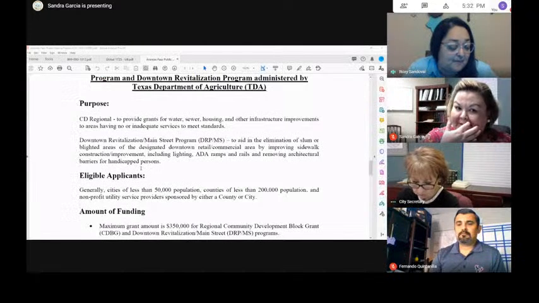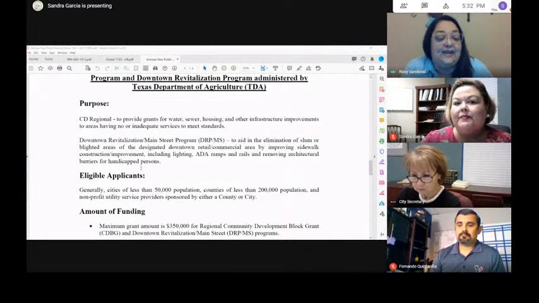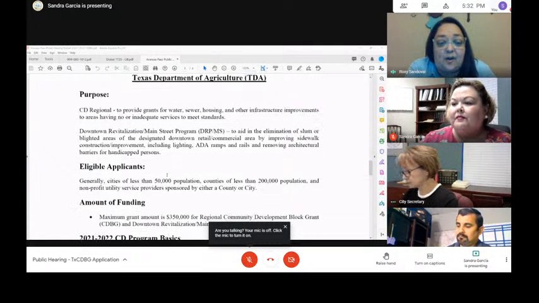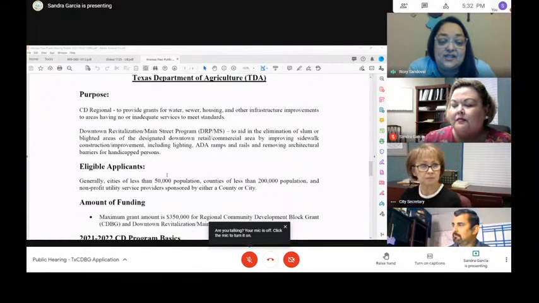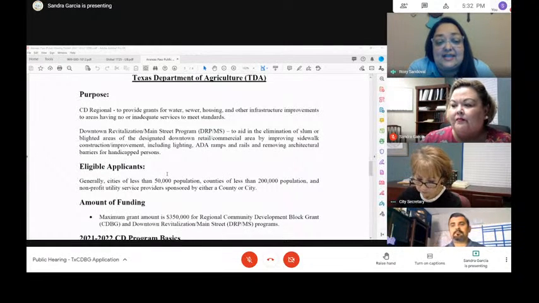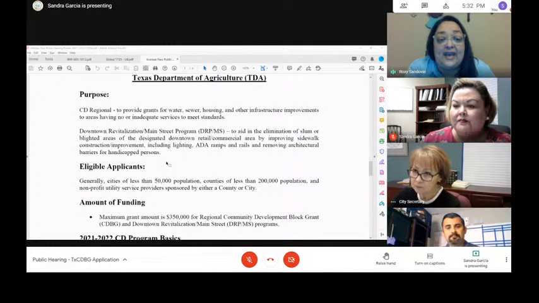Or they don't have adequate services to meet the standards. And so that's generally the purpose of the CD program. The Downtown Revitalization Main Street Program, which we also call DRP, is to aid in the elimination of slum or blighted areas. It's usually in a designated downtown retail commercial type of area of town, non-residential areas.